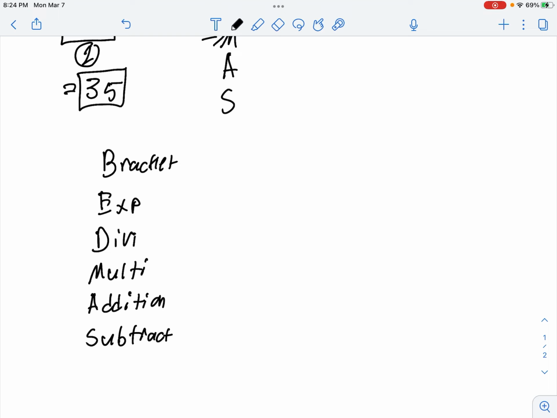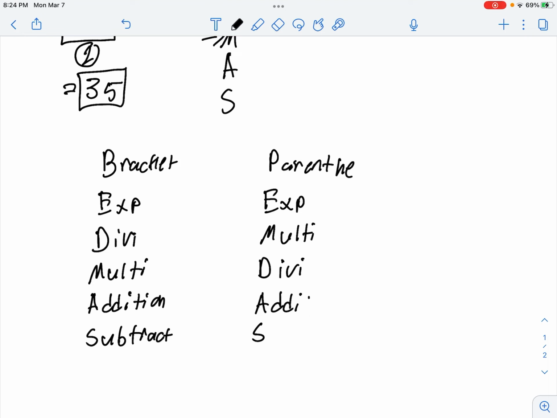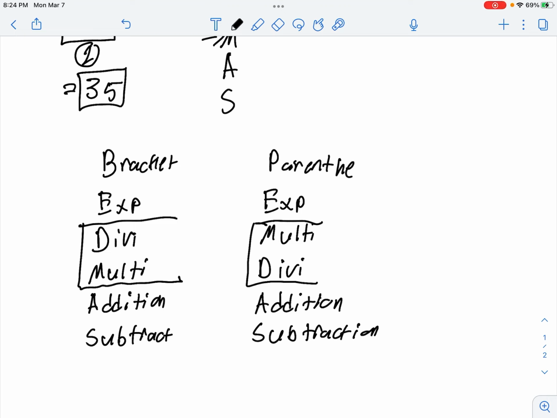And we got PEMDAS, which means parentheses, exponent, multiplication, division, addition, and subtraction. And I pointed out that division comes first in BEDMAS, followed by multiplication. In PEMDAS, multiplication comes first and then followed by division.